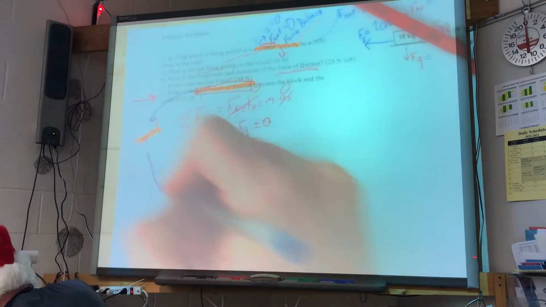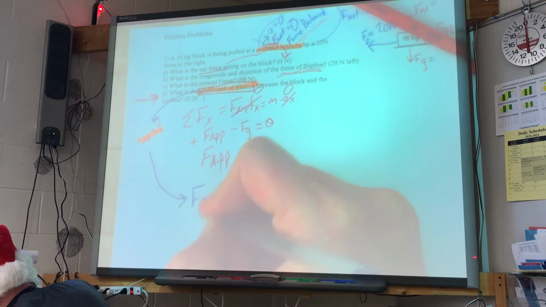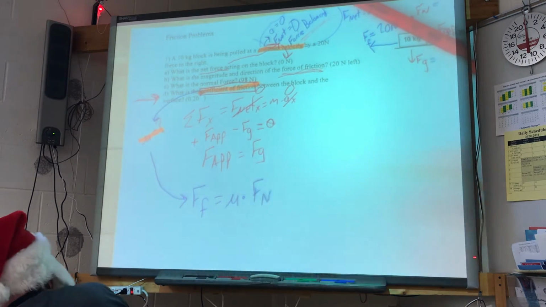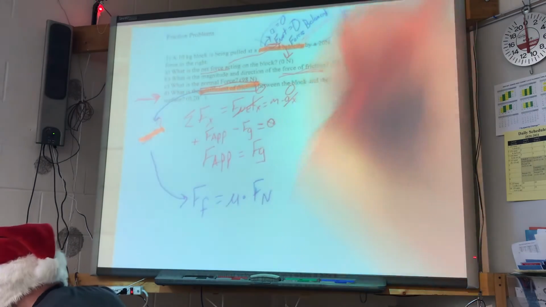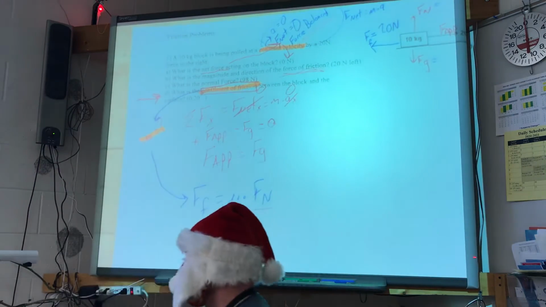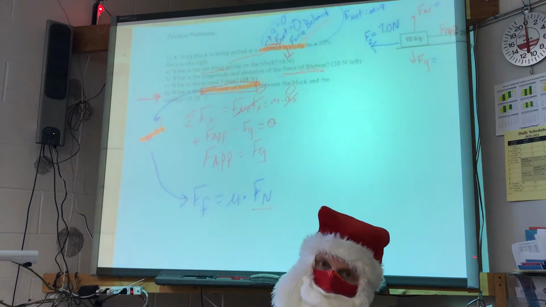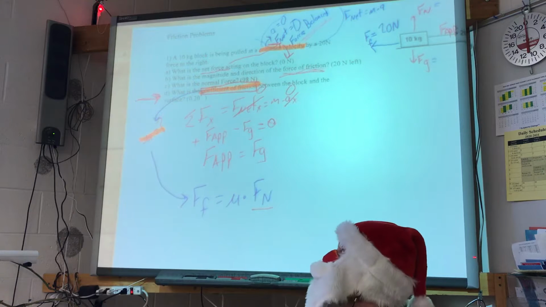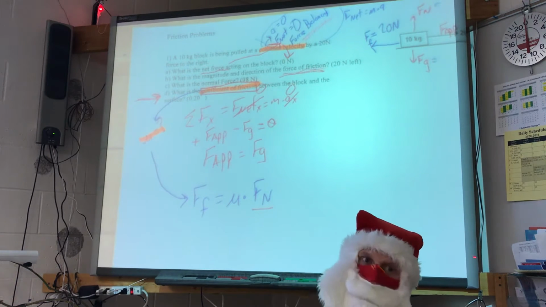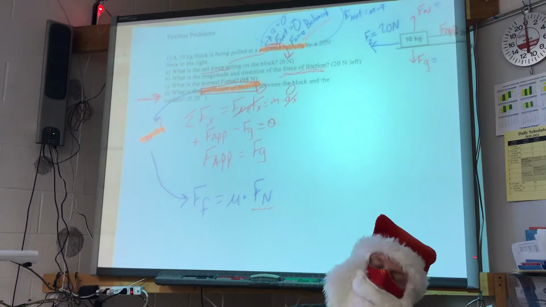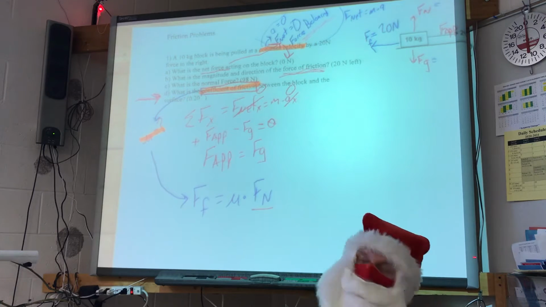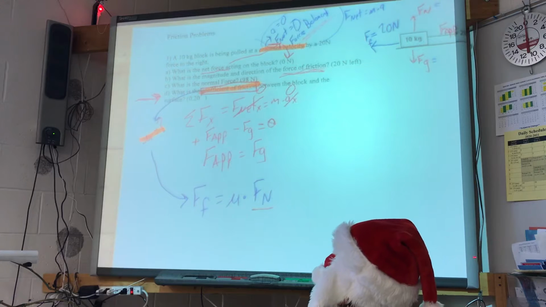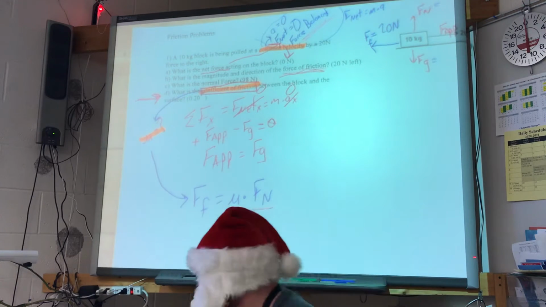The only equation that has mu in it is that equation, which needs a normal force. So as we get better with these problems, I won't ask you to find the normal force, but you're probably going to have to find the normal force because we'll be using an equation like that. So what is the normal force?